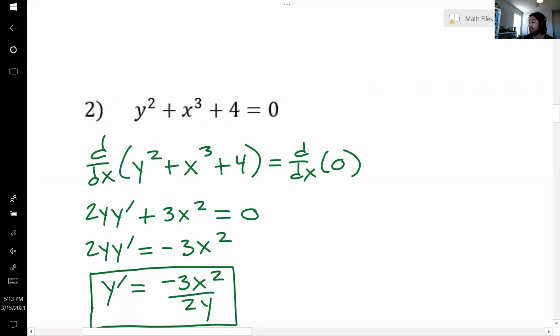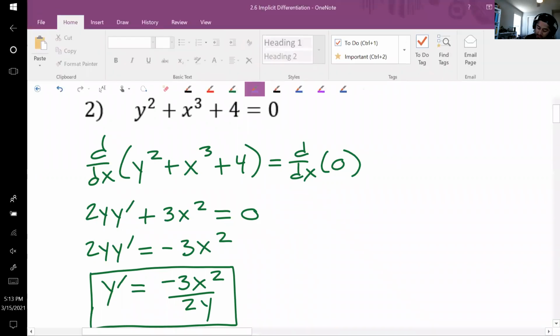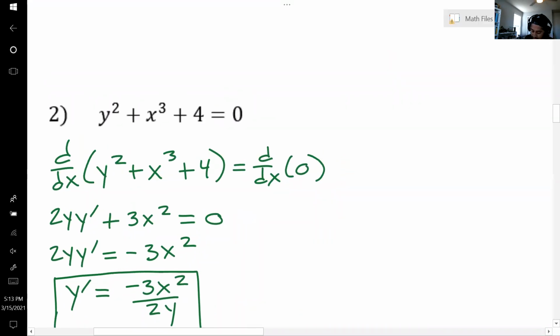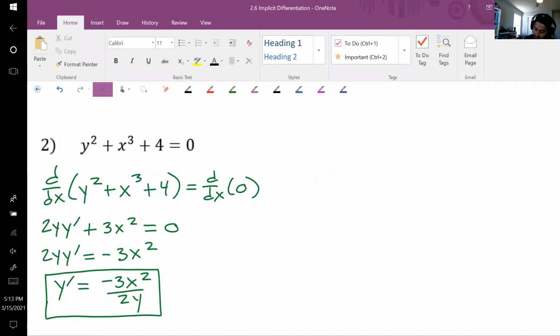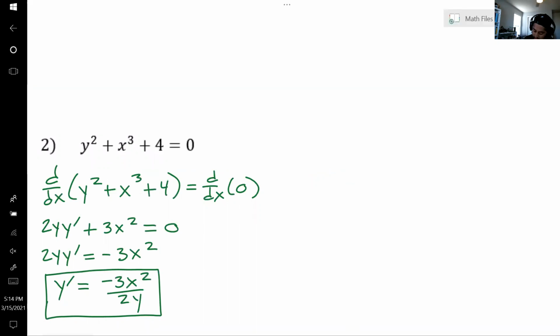Okay. And the reason I said that implicit derivatives make our life easier, well, let's go ahead and explore why. So look at this problem and let's go ahead and solve it for y. So if I solve this for y, I'd get y squared is equal to negative x cubed minus 4.